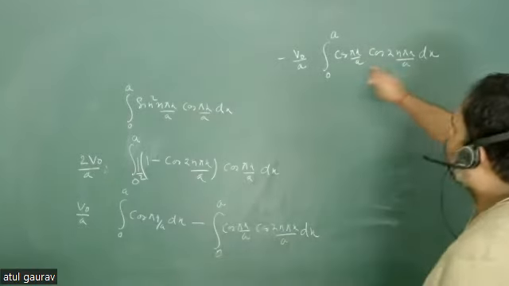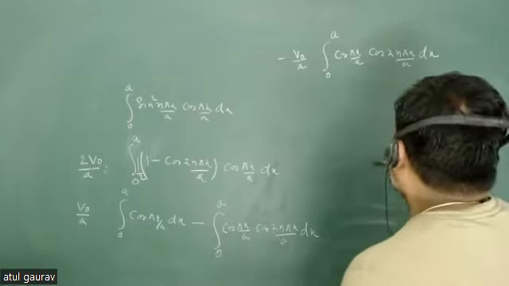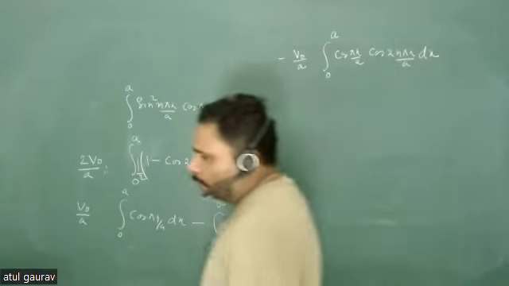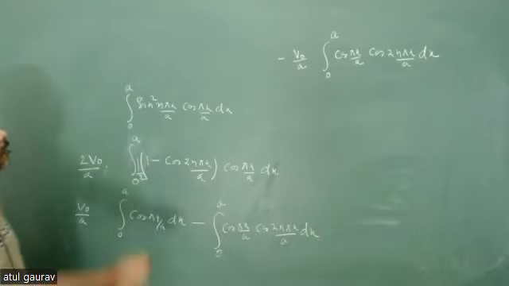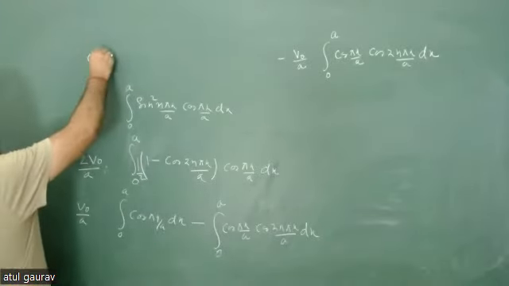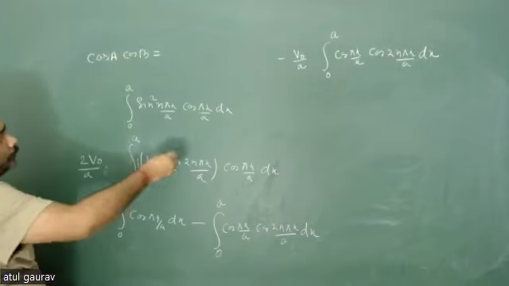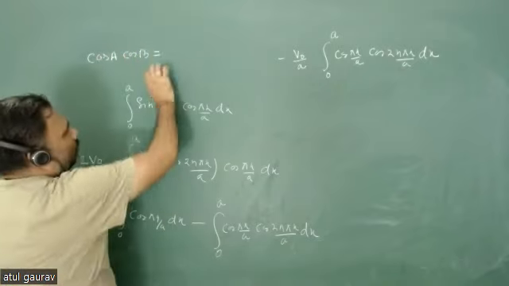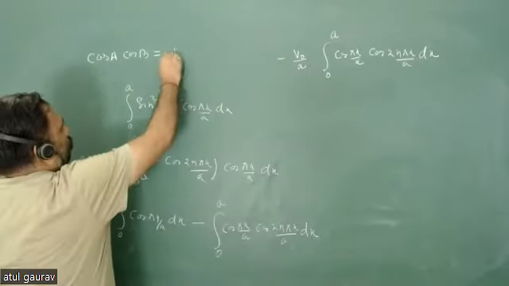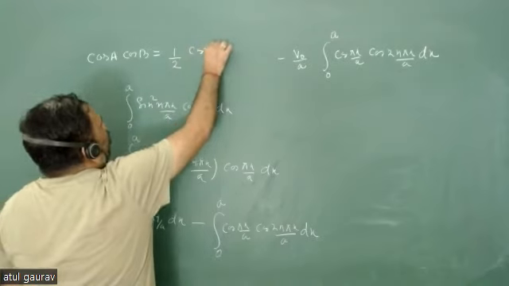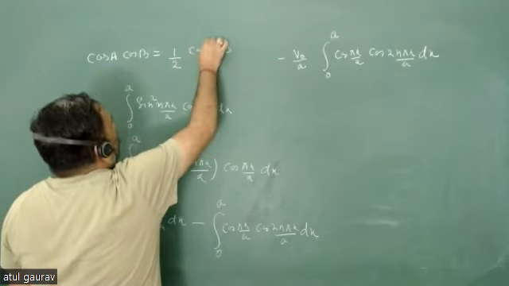Okay, now we can open it with cos A into cos B. What is the formula? I don't remember, please tell me. Just look and tell. Cos A into cos B. Sir, a 1/2 comes in front, 1/2 cos(A plus B) plus cos(A minus B). It should be A plus B by 2, no? No sir, there is no by 2.